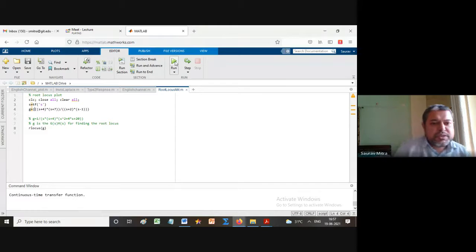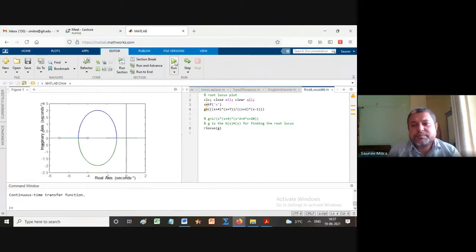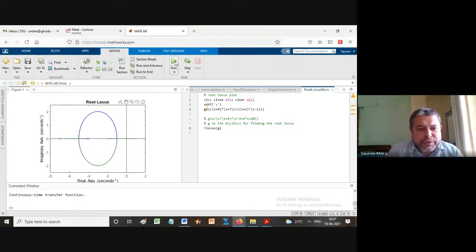So this is a root locus you can solve on your own. So s plus 4, s plus 7. You will find that both root locus branches end at zero. So none of the root locus is going to infinity. Is that visible? Kiran? Yes. How do you understand that?